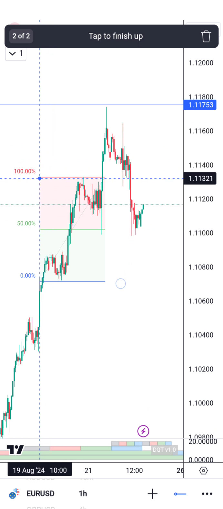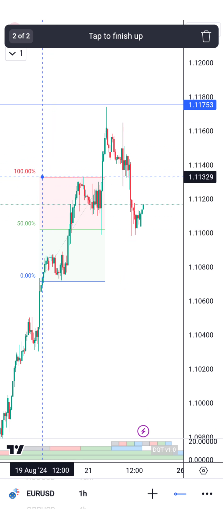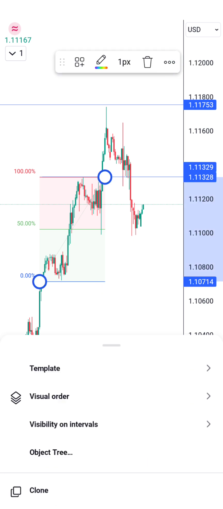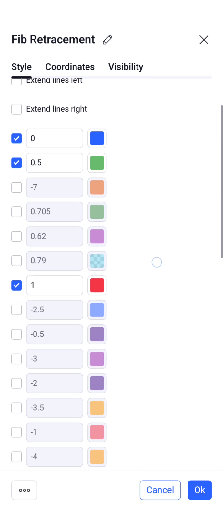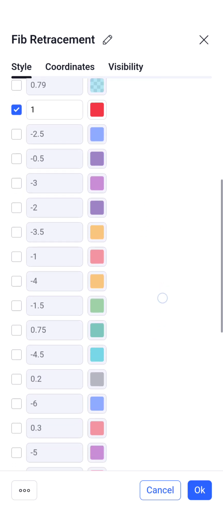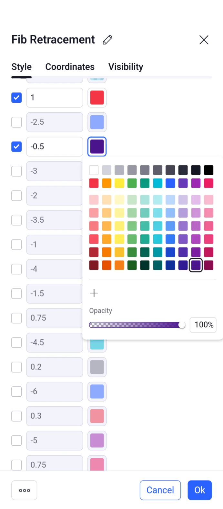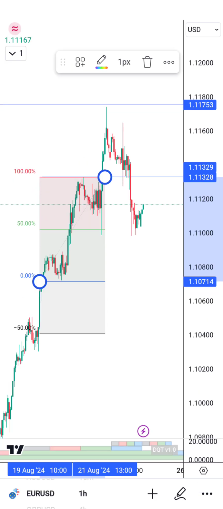So we go to our Fibonacci tool and toggle on negative 0.5 here. Let me change the color to black.